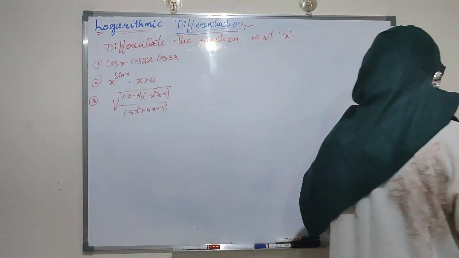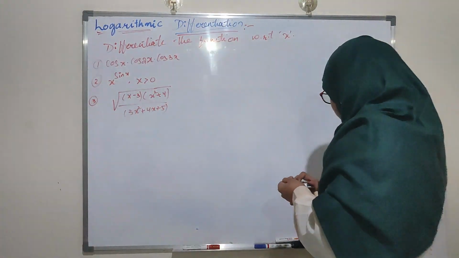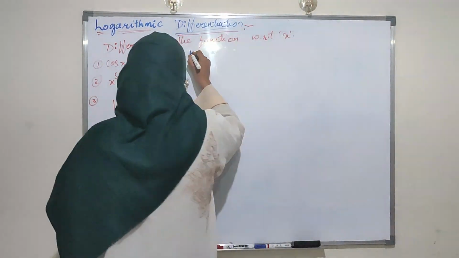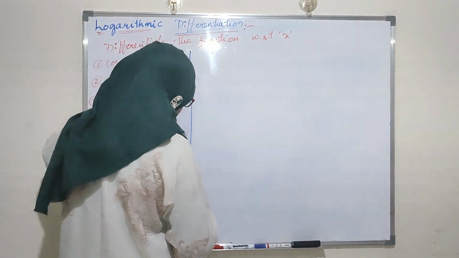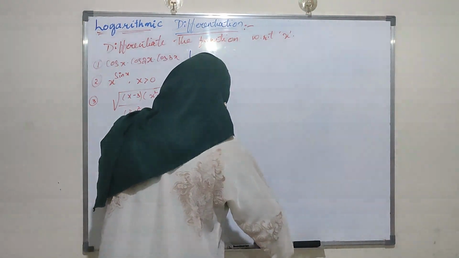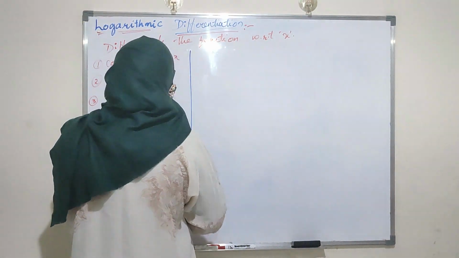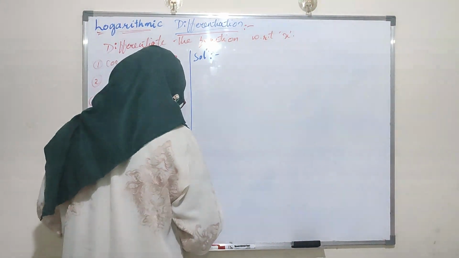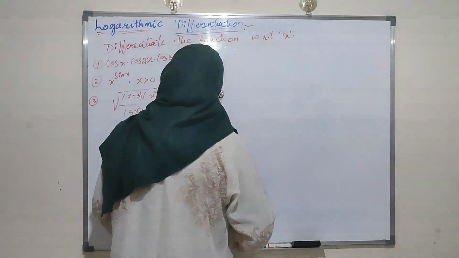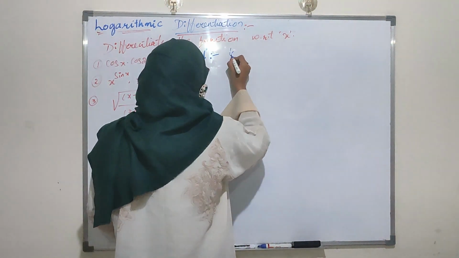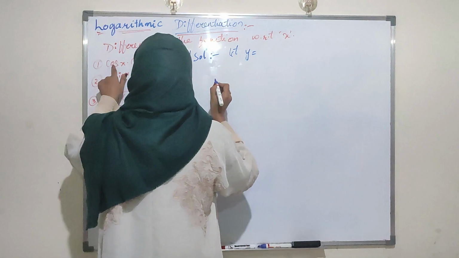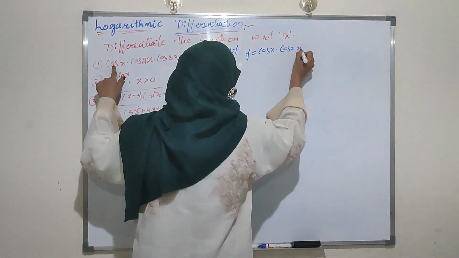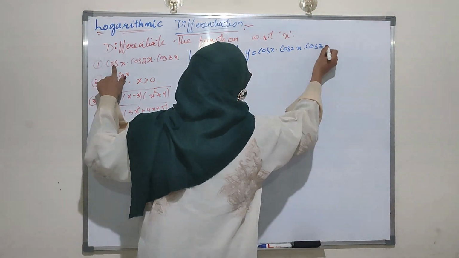So here we have three questions. I will show you the solution of these one by one. First, the solution for the first one. Let y is equal to what is given to you, cos x into cos 2x into cos 3x.